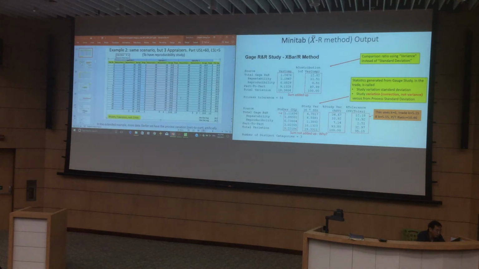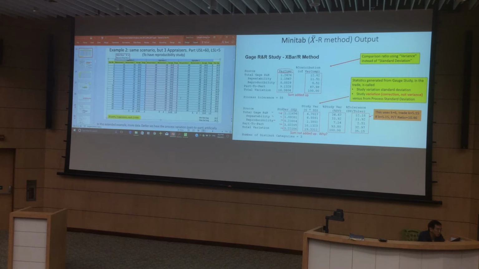And then repeatability is calculated here, and part to part. After that, we take the square root of this. But we know that this part and this part added together cannot give you this part, because it's only the square. So they give you a variance comparison.